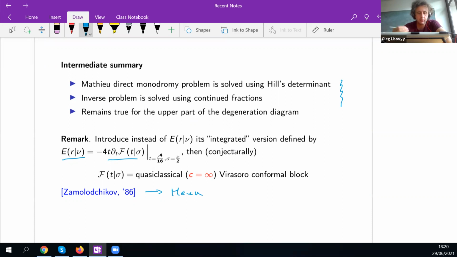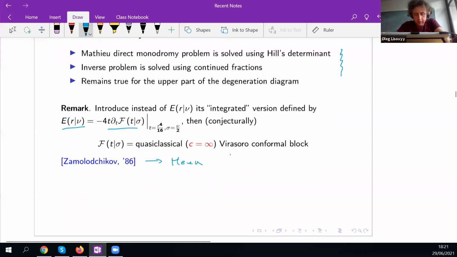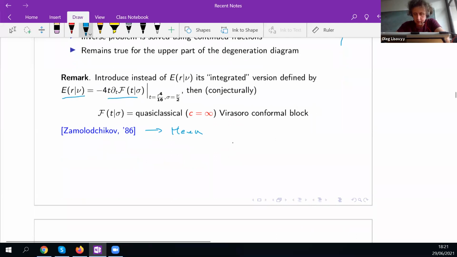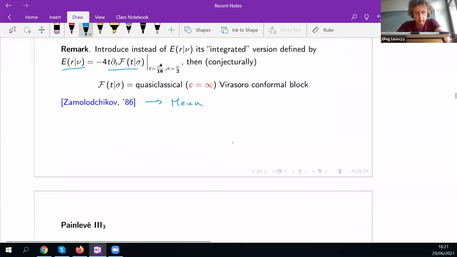Everybody believes that Virasoro conformal blocks admit a quasi-classical limit. There have been many claims in the literature to prove this, but still the mathematical status of these claims is not so clear to me.